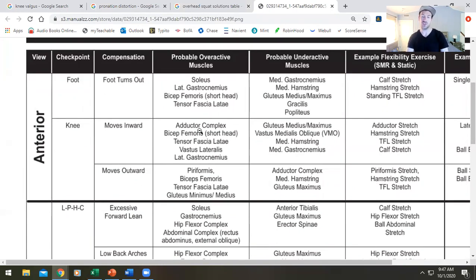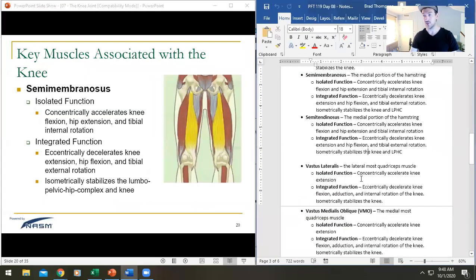What's pulling during the caving in? The biceps femoris, primarily the short head. And then underactive muscles, you'll see the medial hamstring. So we've got to strengthen the inner portion of the hamstring and stretch out the outer portion of the hamstring.